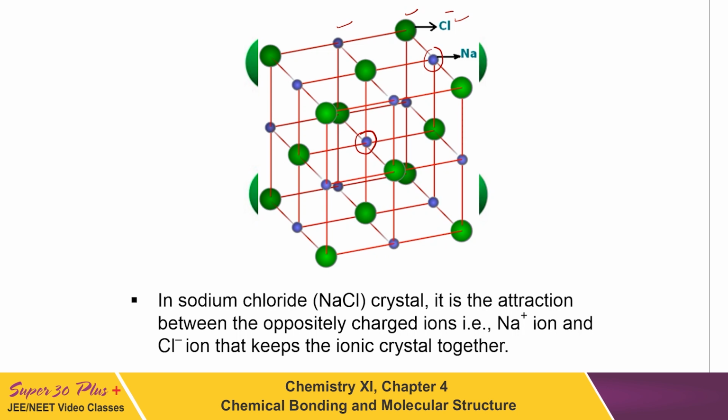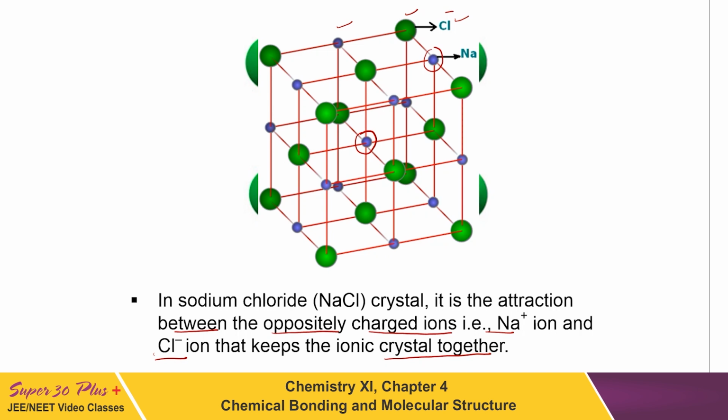This entire thing is the crystal or unit cell or lattice of NaCl, in which there is an attraction between the positively charged ions like Na plus and Cl minus. Those species which are opposite in charge attract each other, and this attraction keeps them together, and this is one of the primary reasons for the stability of ionic compounds.